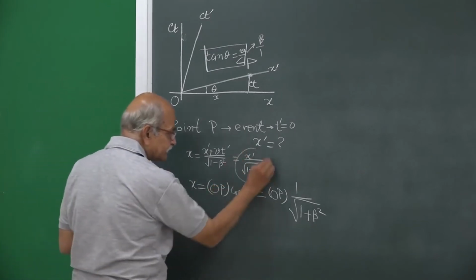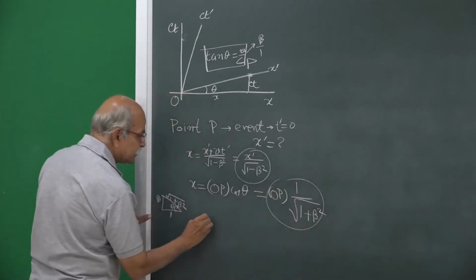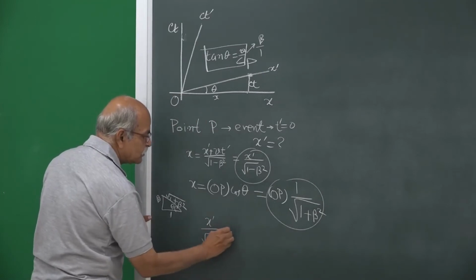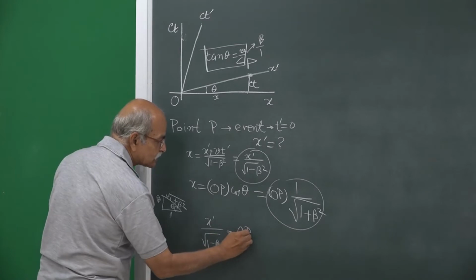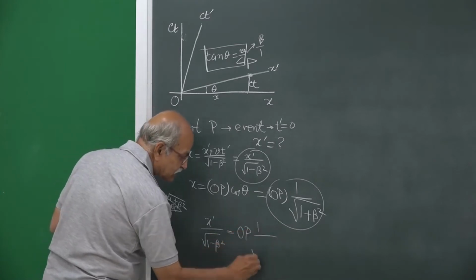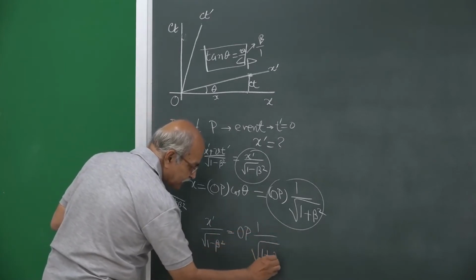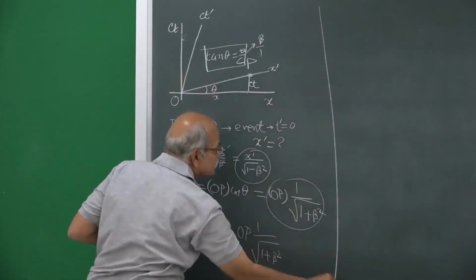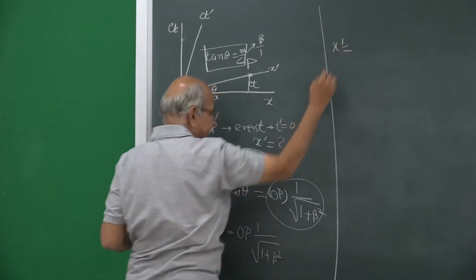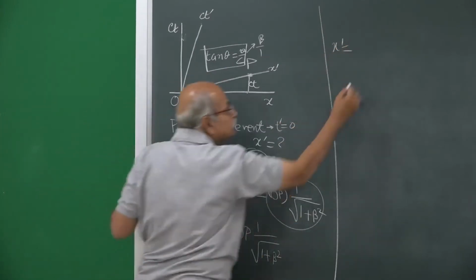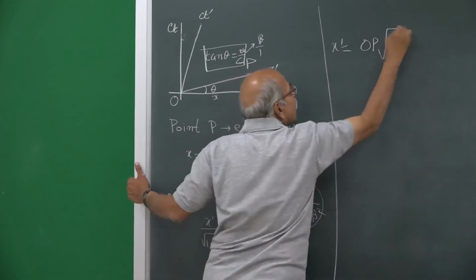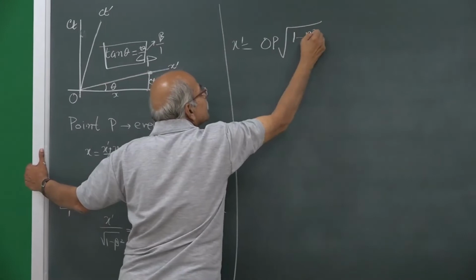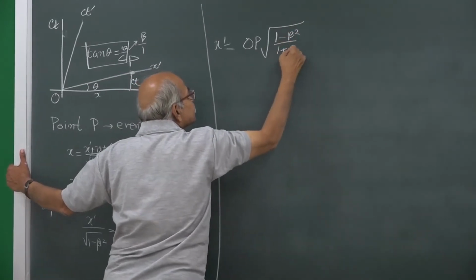That means x prime divided by square root of 1 minus beta square is equal to OP into 1 divided by square root of 1 plus beta square, and therefore x prime is equal to OP into square root of 1 minus beta square divided by 1 plus beta square.